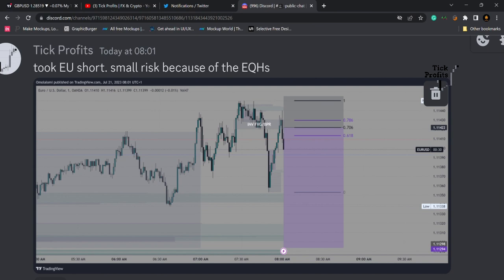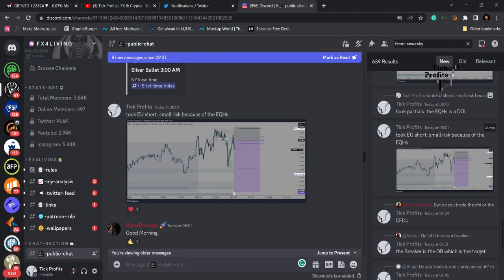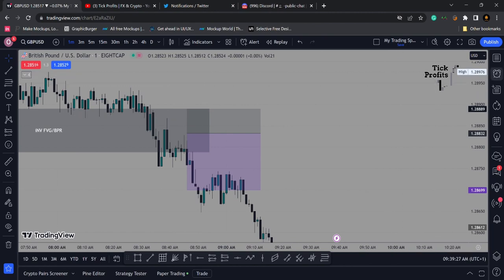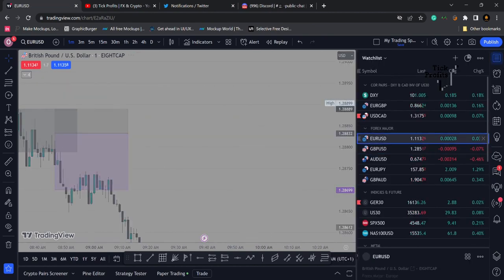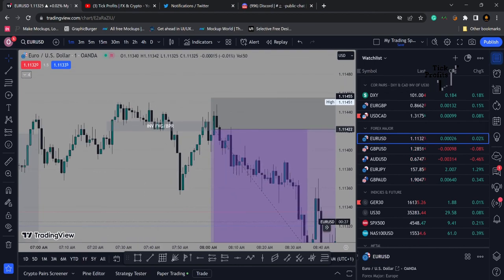So there was a market structure shift, and we had to wait for price to come back into an FVG. In this case, price came into this BPR, this inverse FVG, and rejected from there. Price also reached for this other block. So that's why we took that sell on Euro USD.